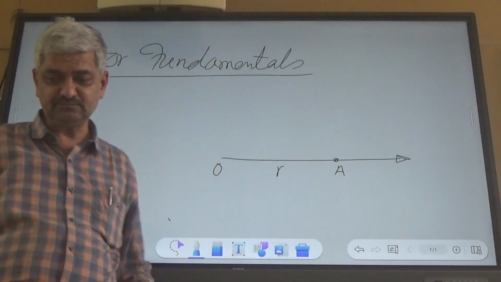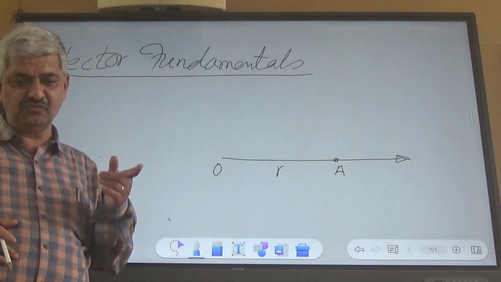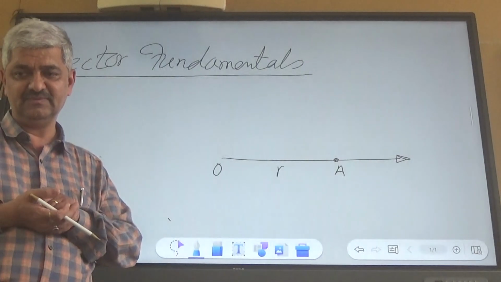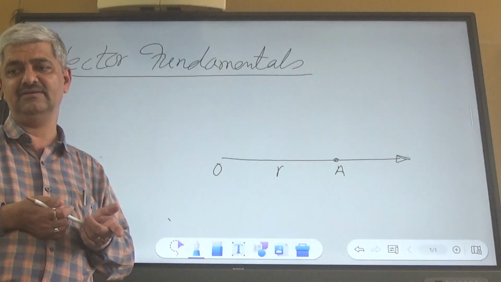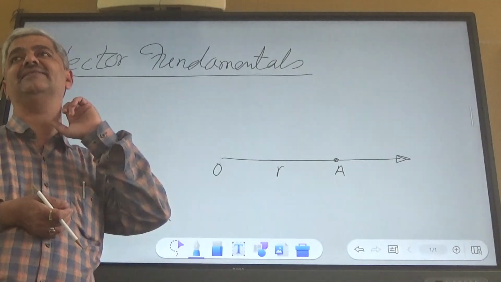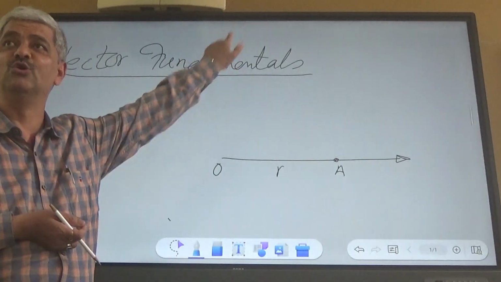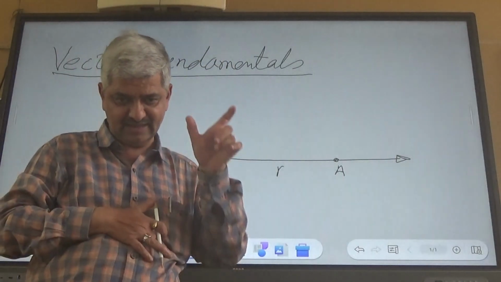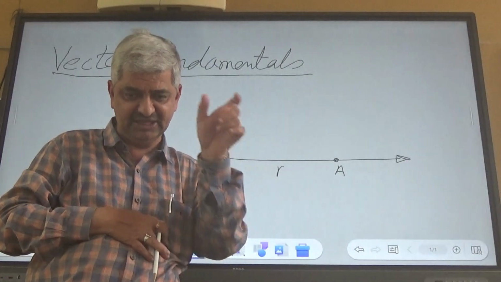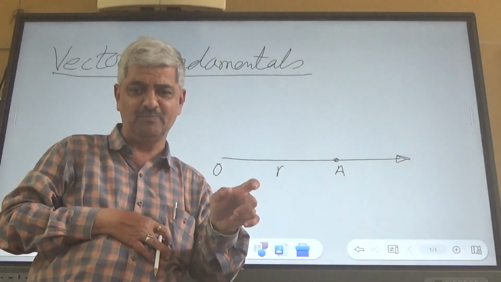Length can be infinite, but angle can't be infinite, because it is modulo. Once it becomes 2 pi, any angle theta is taken modulo 2 pi.